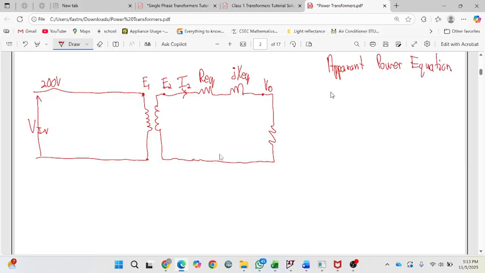So this is the end all be all of most equations. S, the apparent power, is equal to VI. The brackets mean the magnitude of it. S is equal to VI. This comes in handy when you're operating at full load.